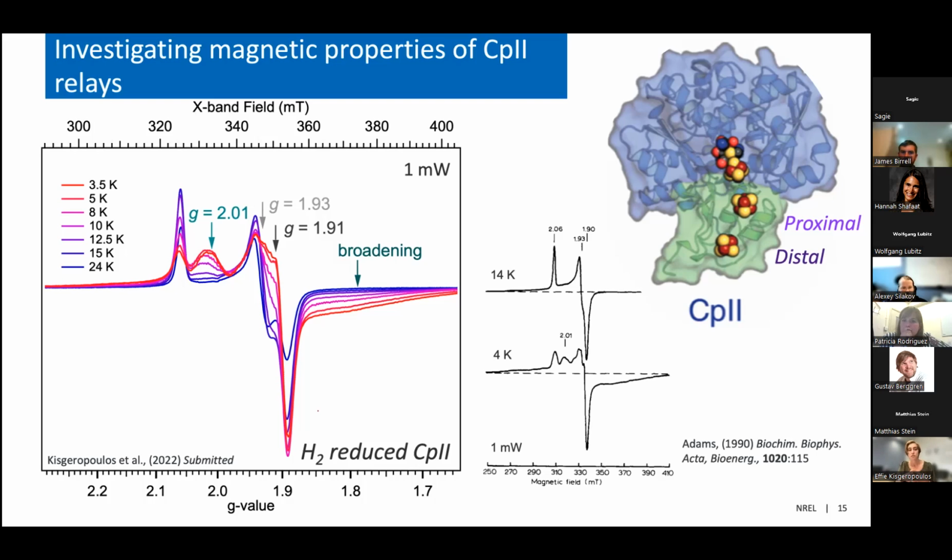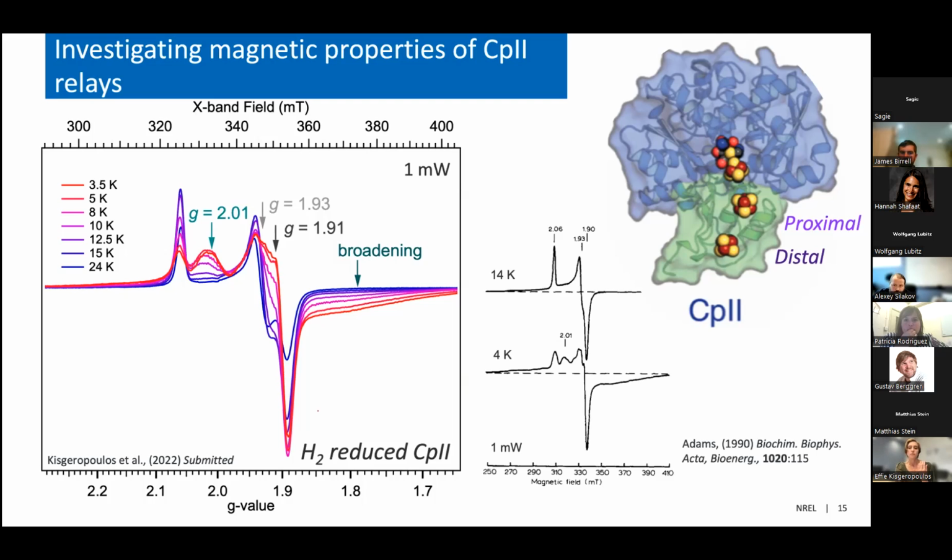But there's this really excessive broadening, which has also been seen in iron sulfur cluster systems. And then this feature, they had indicated around 1.9, and I have right there, that grows in at low temperature as well. So all of these additional signals at the lower temperature were collectively ascribed to the second iron sulfur cluster that is known to be in CP2.